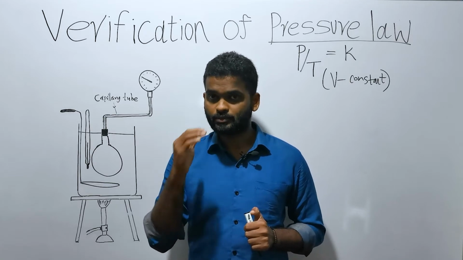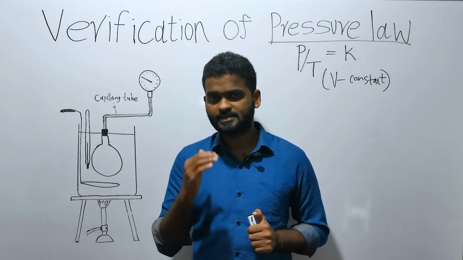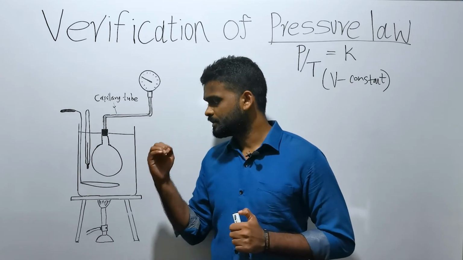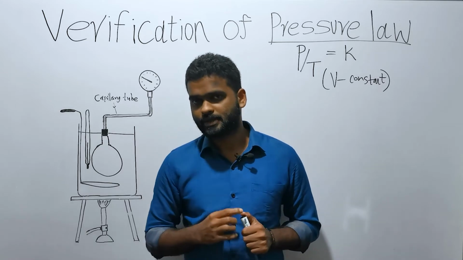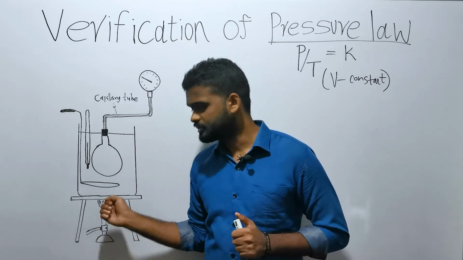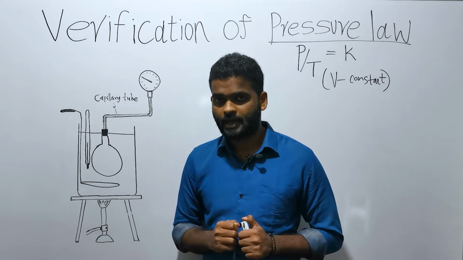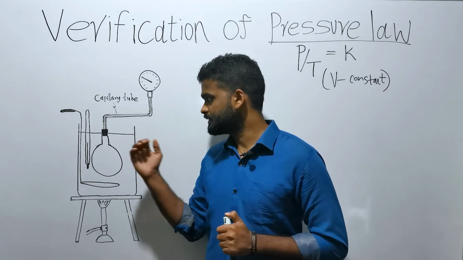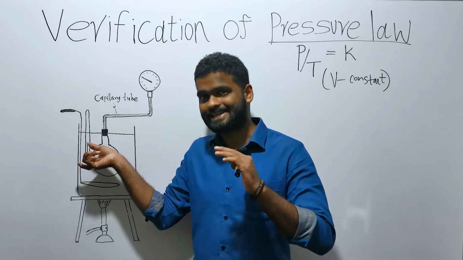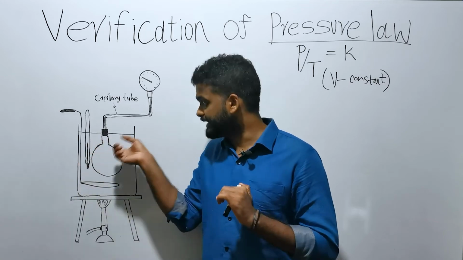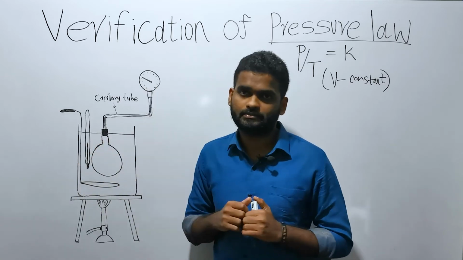So what you have to do is, once it reaches the required value of temperature, you have to remove the Bunsen burner and keep that temperature reading steady for a while. Then take the pressure value.